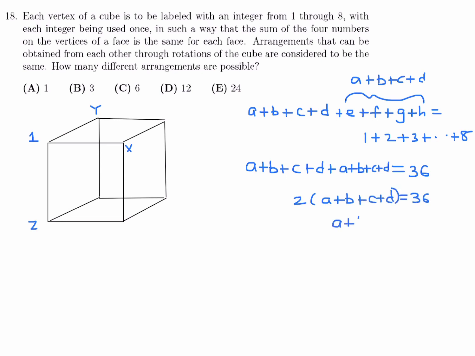So that means A plus B plus C plus D is equal to 18. So that means that the sum of the numbers on each face must be 18. And that's a very important point.